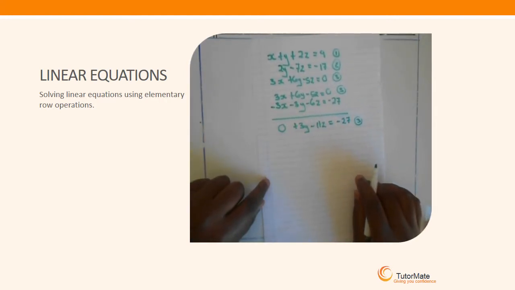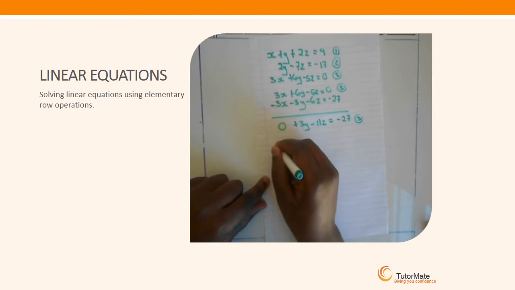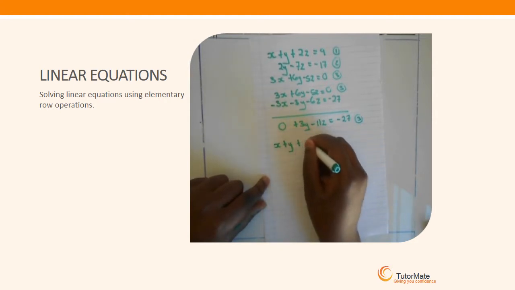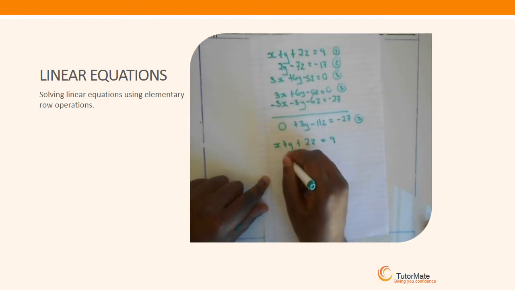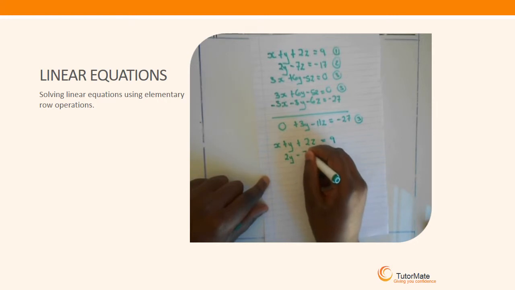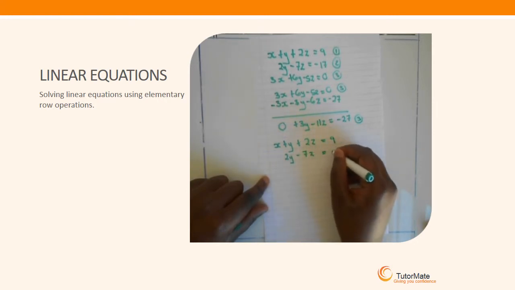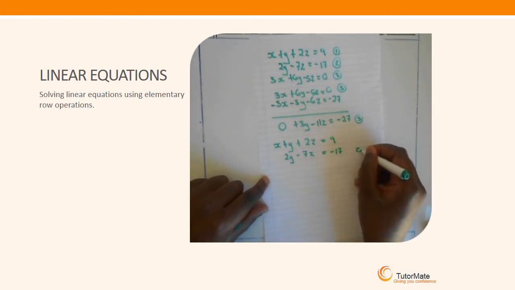So now you rewrite your equations. x plus y plus 2z is equals to 9. This is your first equation. 2y minus 7z is equals to minus 17. This is your second equation.